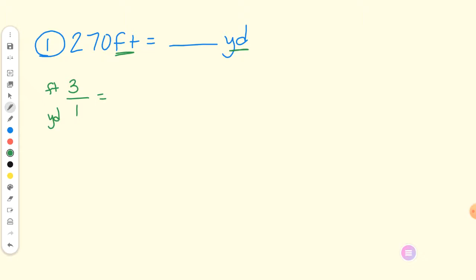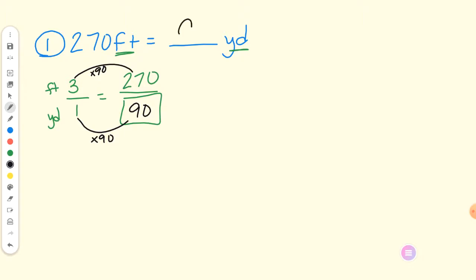On top or on bottom? On top, because I'm trying to get feet to 270. So I need to find that number. How do I get from 3 to 270? Owen? Times 90. What's 1 times 90? 90. So we know that that is 90 yards.